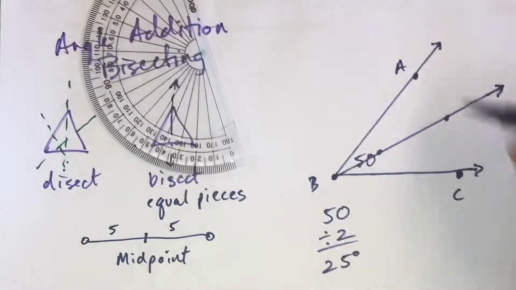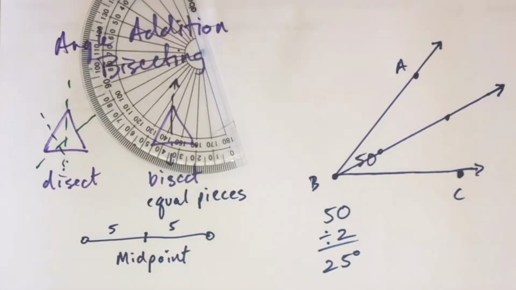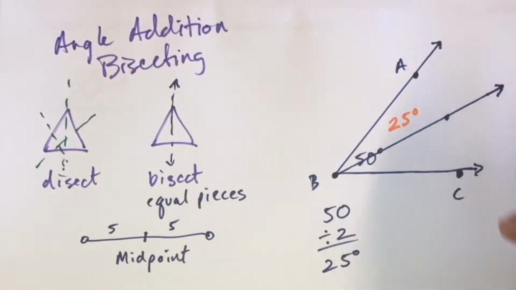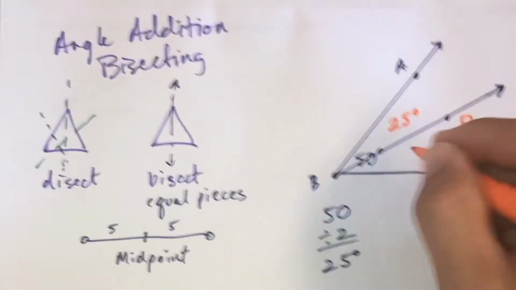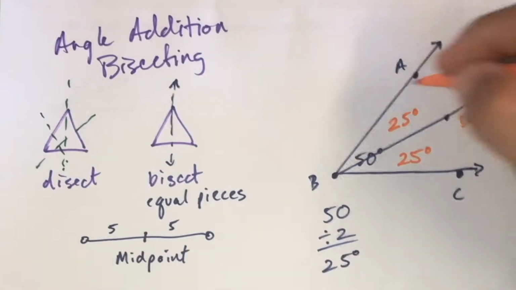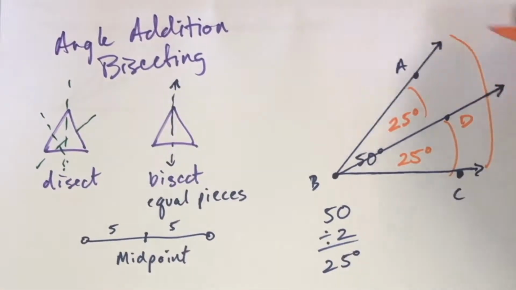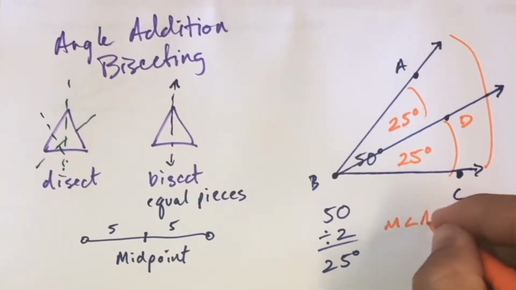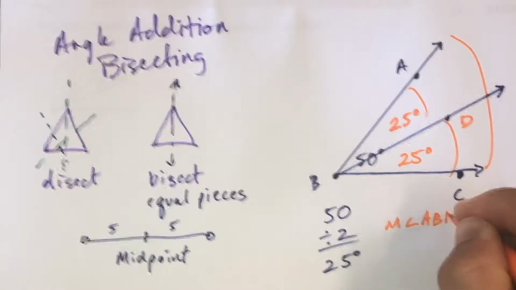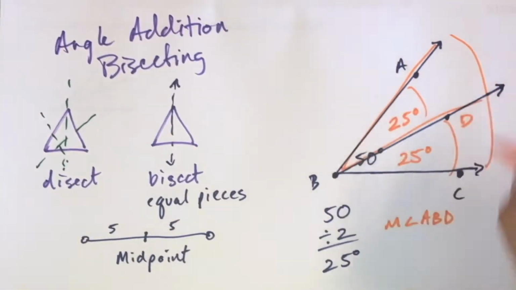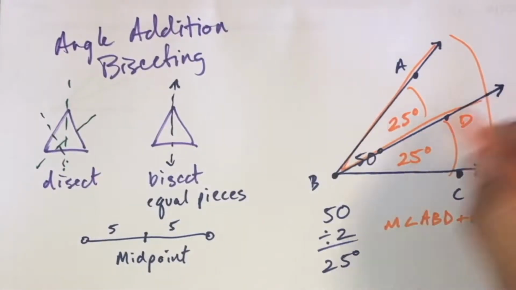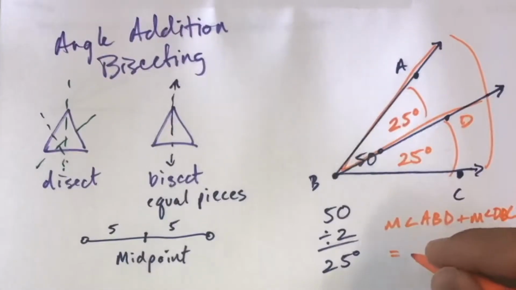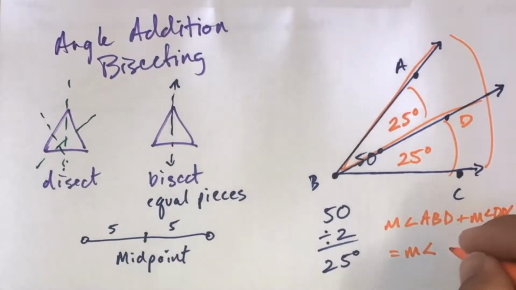And by demonstrating this angle bisector, I've actually demonstrated a little about angle addition, meaning two angles that make up one bigger angle. You could say that the measure of ABD, this angle here, plus the measure of DBC is equal to the measure of ABC.